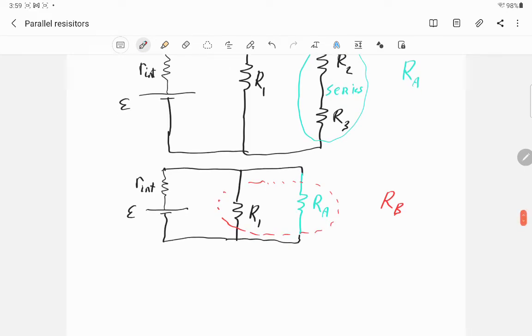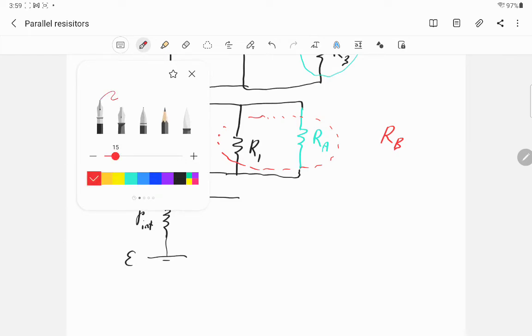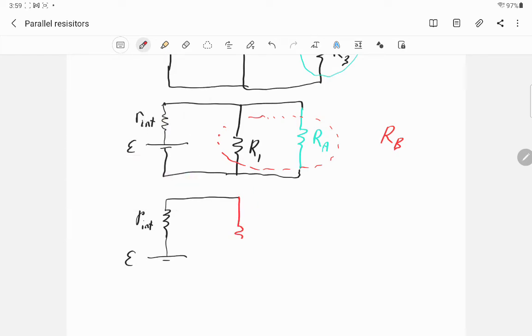And then if I redraw my circuit now, it looks like this. So here is the EMF, and this is R internal. And I have combined in parallel something that I'm going to replace with R sub B. Right?